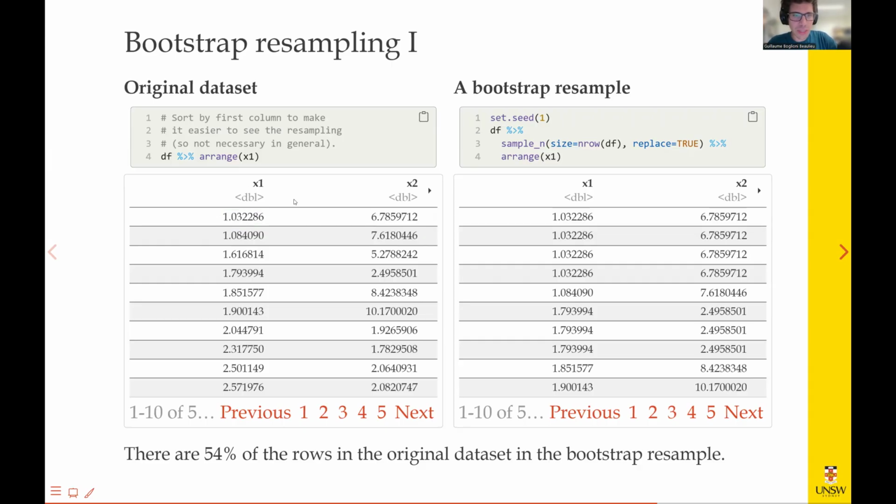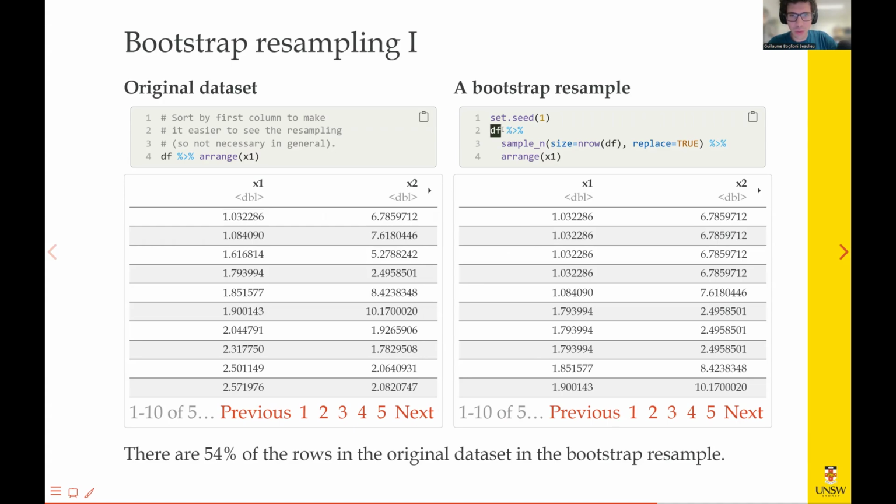This is your initial sample. Now, to make it clearer what's happening, we arrange it by increasing value of the first variable, x1. That's not a necessary step for the bootstrap. This is just to help us visualize. On the right, we take our first bootstrap resample, which is this.